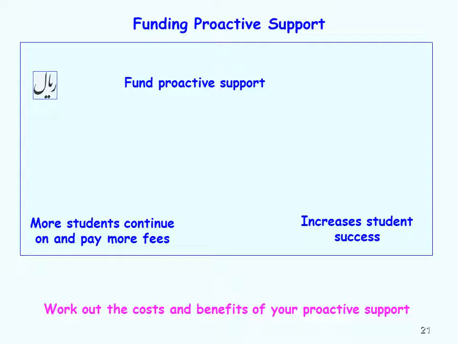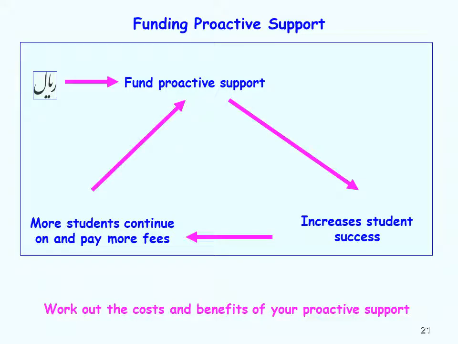You invest money into support, which increases student success. Then more students will continue on course and they'll pay future fees, which of course you can then put back into more student support.